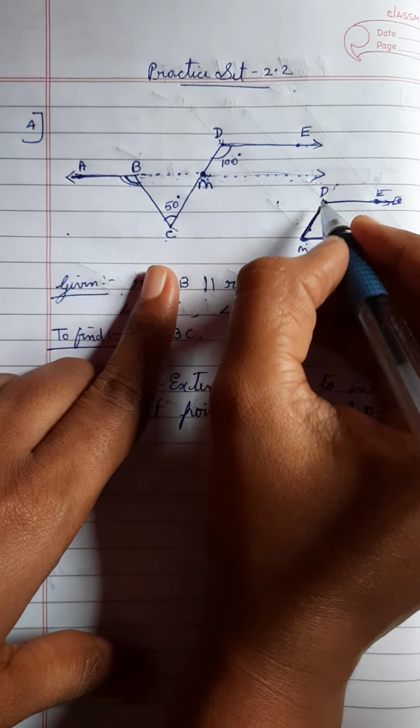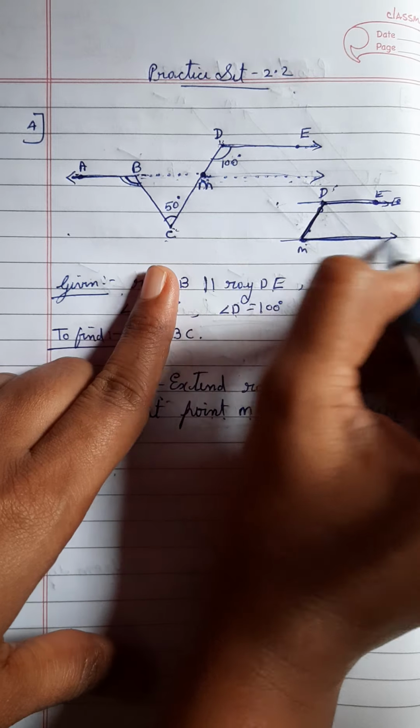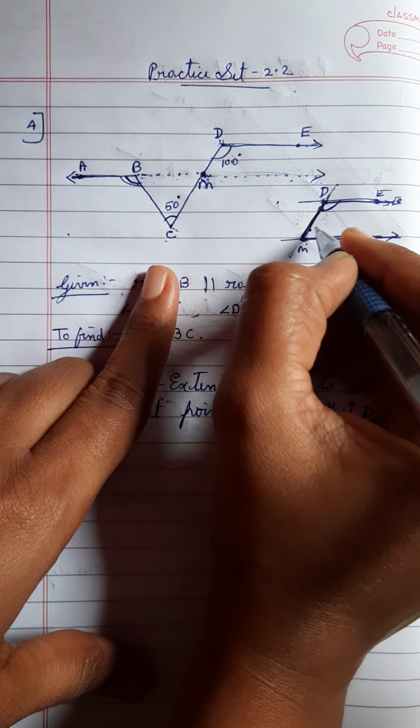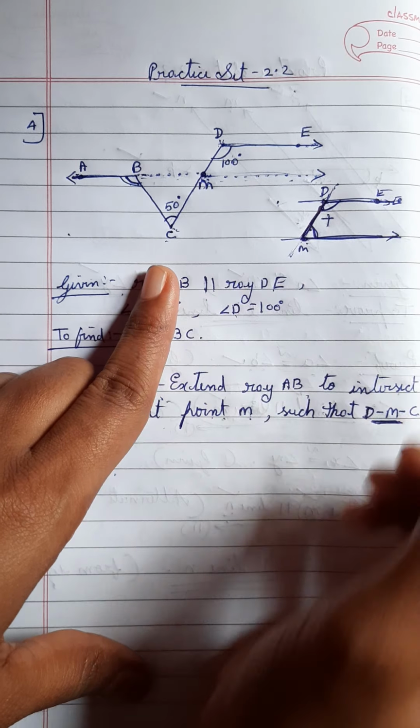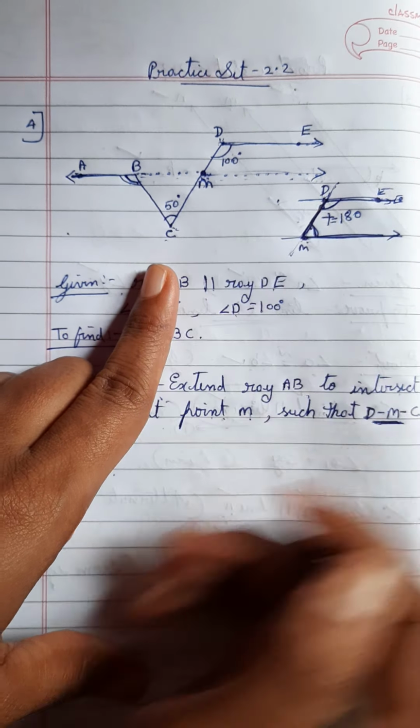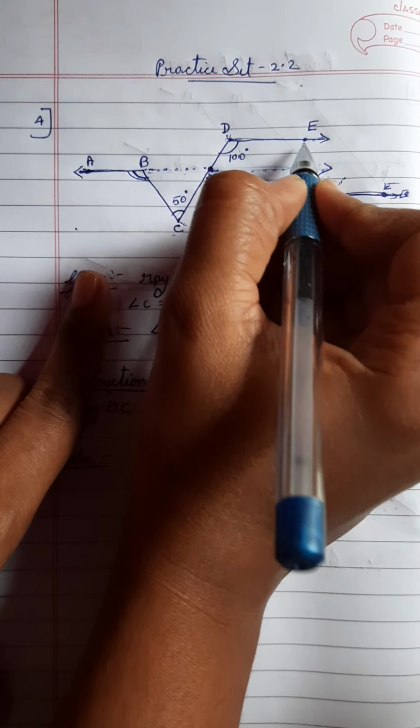This is point D. If these two lines are parallel and this is the transversal, then these two angles become interior angles, and the interior angles sum is 180 degrees.